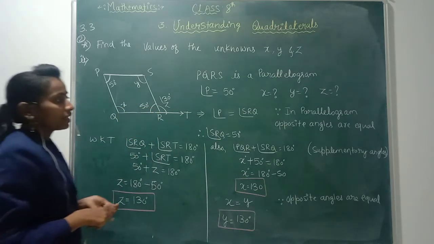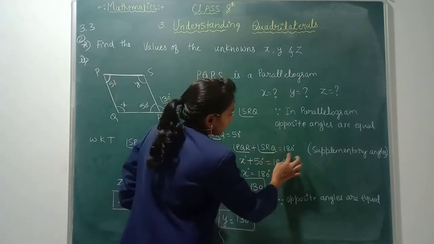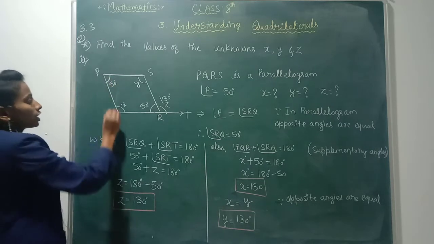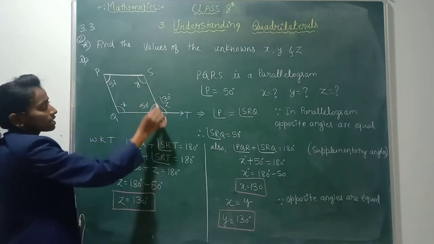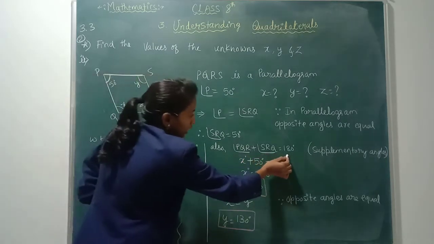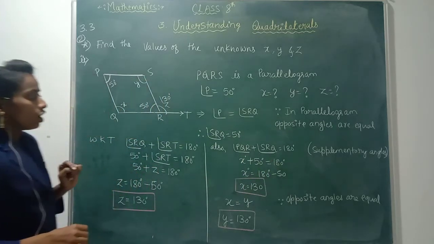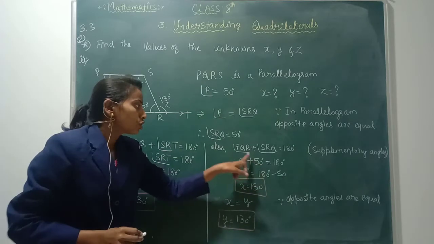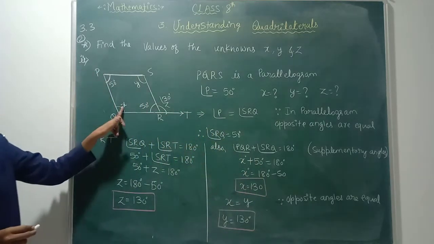The sum of supplementary angles is equal to 180 degrees. So PQR plus SRQ is equal to 180 degrees. SRQ is 50 degrees, and PQR is the X value we are finding.